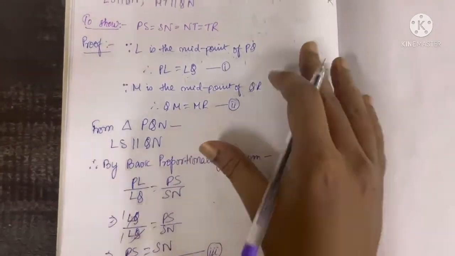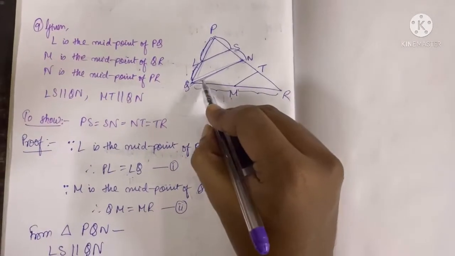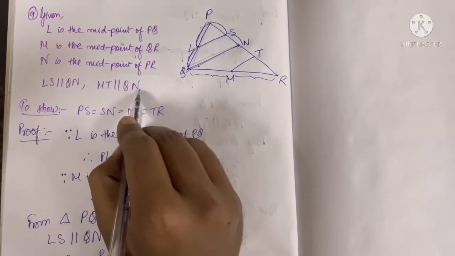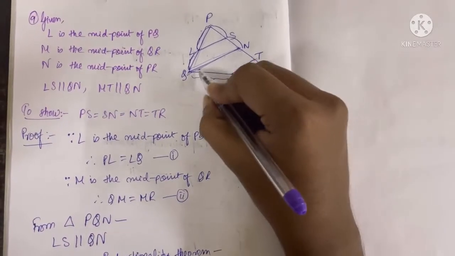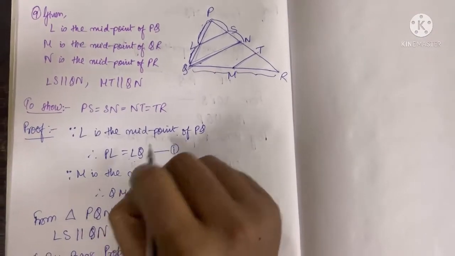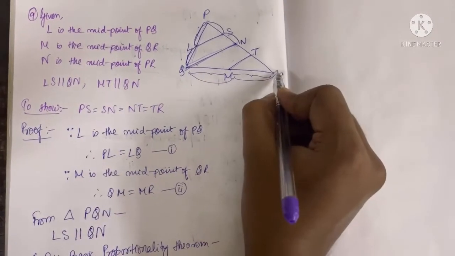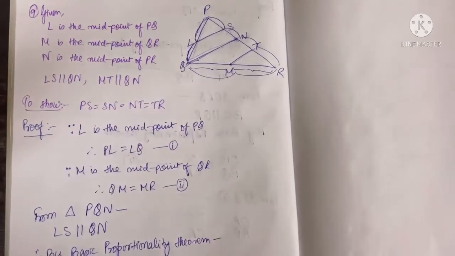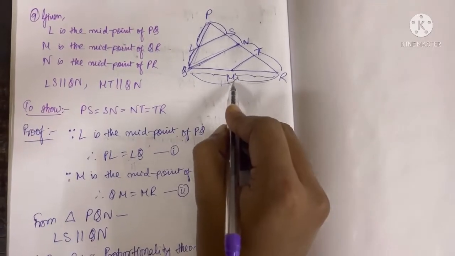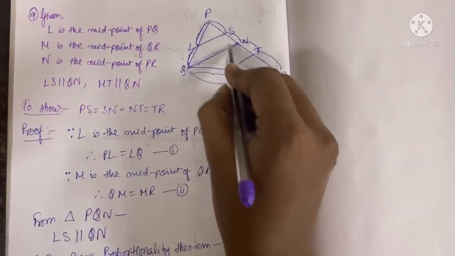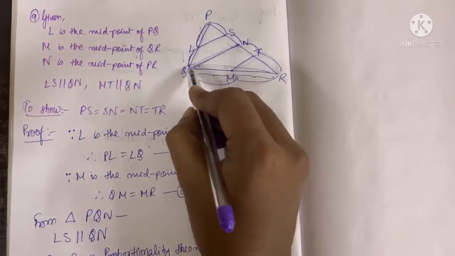We will do the same thing, but this time for this triangle QNR. It is given that MT is parallel to QN. So since MT is parallel to QN, therefore RM by MQ will be equal to RT by TN, right? In this triangle, these two sides are parallel.